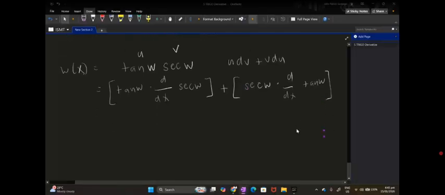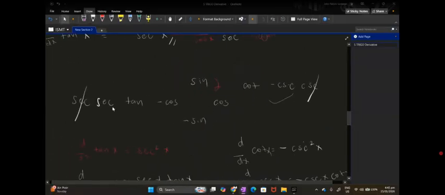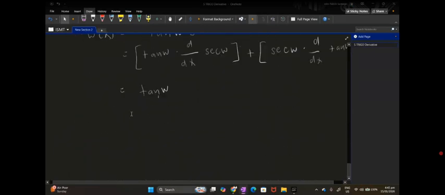So, let's solve na. So, tangent of W multiplied by the derivative of secant W. Pag tinakpan natin si secant, matitira sa atin secant x tangent x.